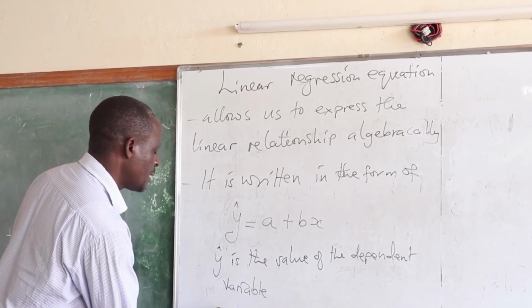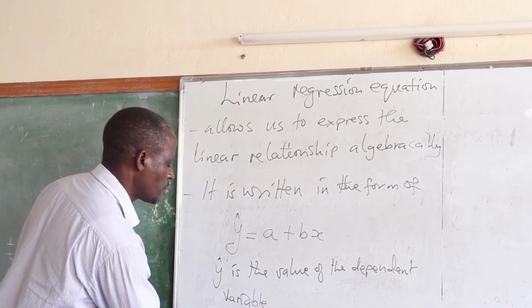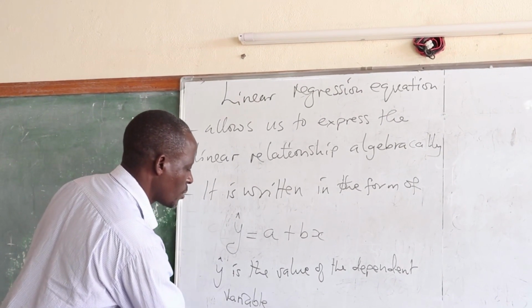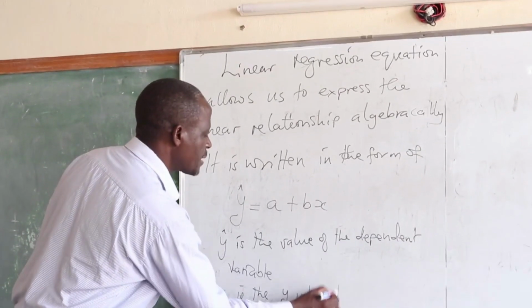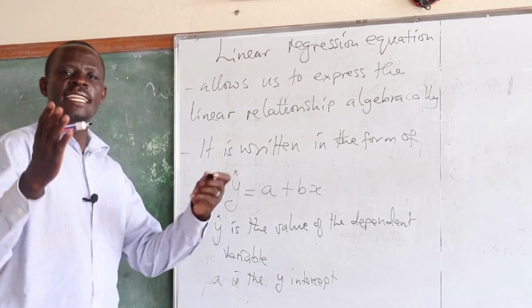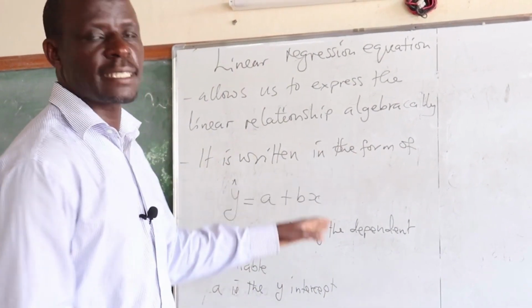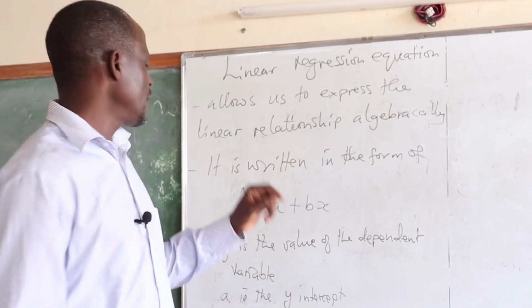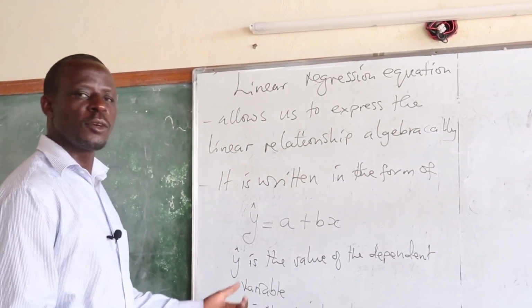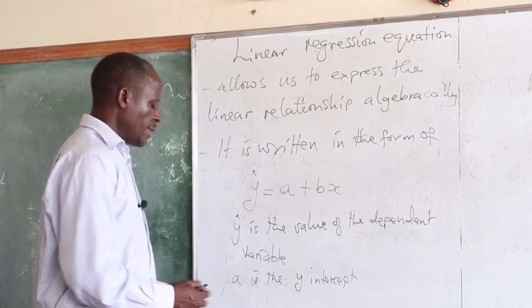Whereas the a is the y-intercept. That's the point where the line that we have drawn, the least squares regression line, is going to cross the y-axis.